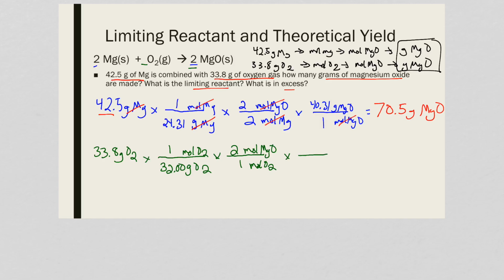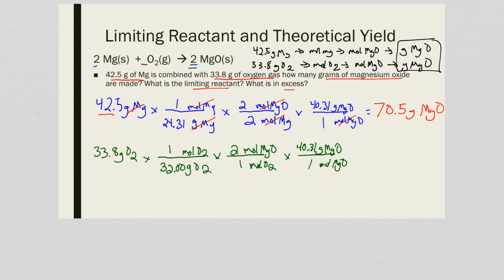Now, we're going to convert into grams of magnesium oxide from the moles of magnesium oxide. And again, we did that above. We had 40.31 grams per every 1 mole.